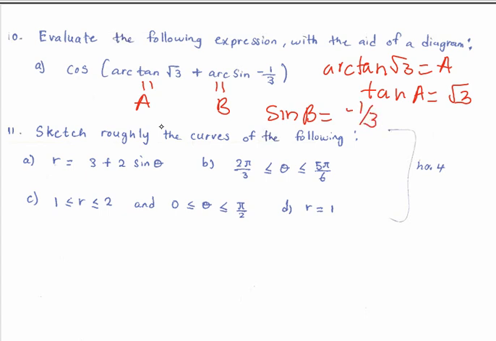Then you draw the diagrams, and those diagrams will help you to simplify this, okay? After having this, you'll know that you have cos of A plus B, and you'll expand this using the compound angle identities, okay? Then you'll be able to simplify it further. So please recall how to solve this type of equation, okay?